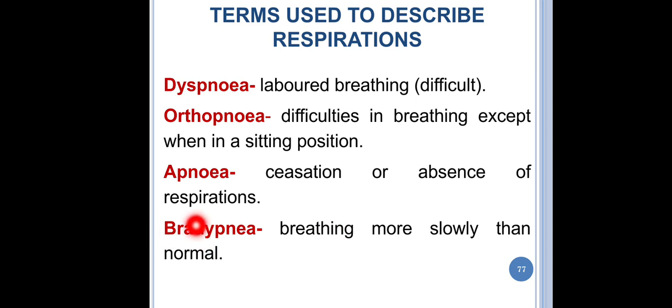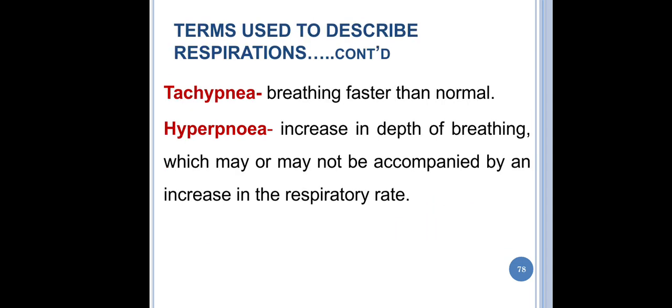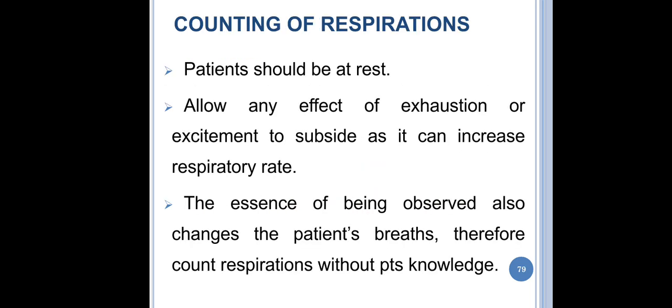Remember, we talked about bradycardia in pulse, which is a low pulse rate. Tachypnea is breathing faster than normal. Then there is hypopnea, which is a change in depth of breathing, which may or may not be accompanied by a change in respiration rate. So familiarize yourself with those terms.